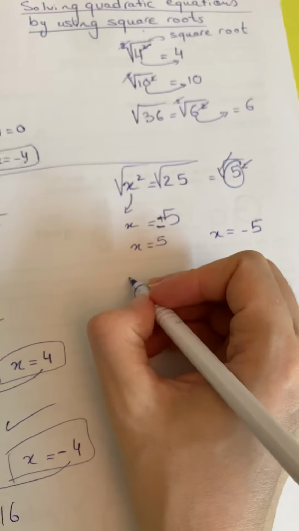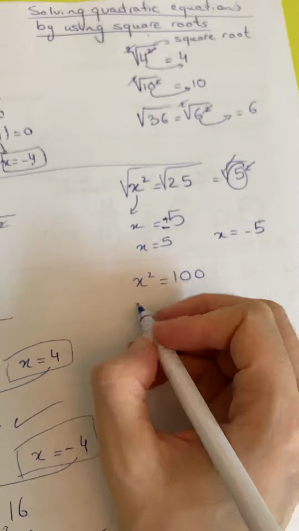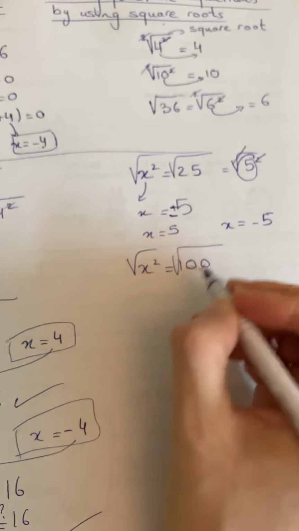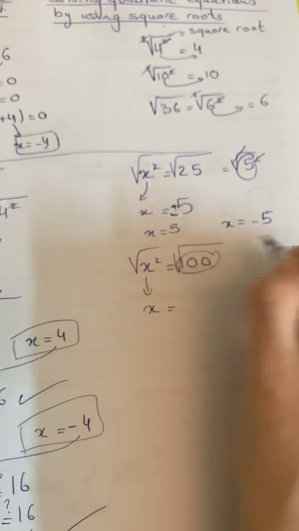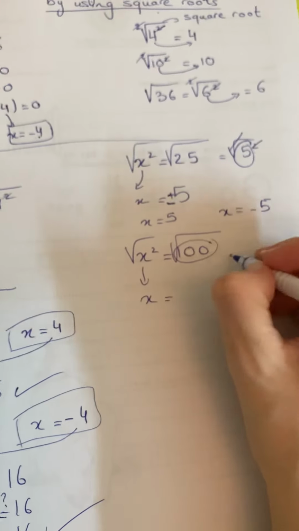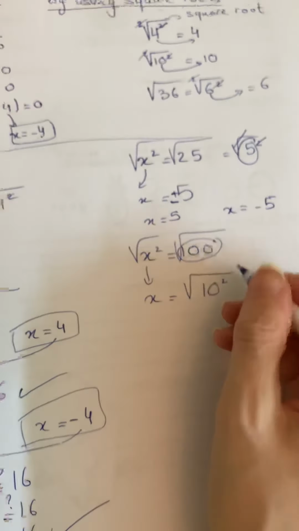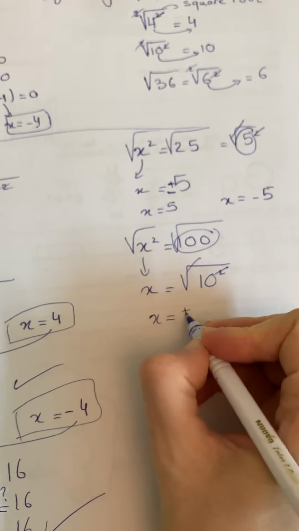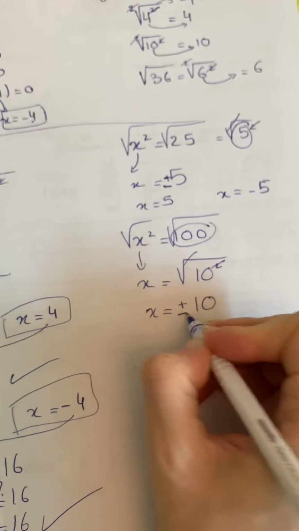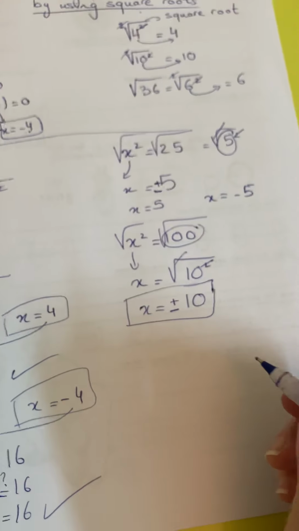Let's try one more. If I have x power 2 equal 100, you put the square root, here it will give me x. Here, you should know that 100 is 10 power 2. So they will cancel each other, and x will be positive 10 and negative 10. It will have two answers.